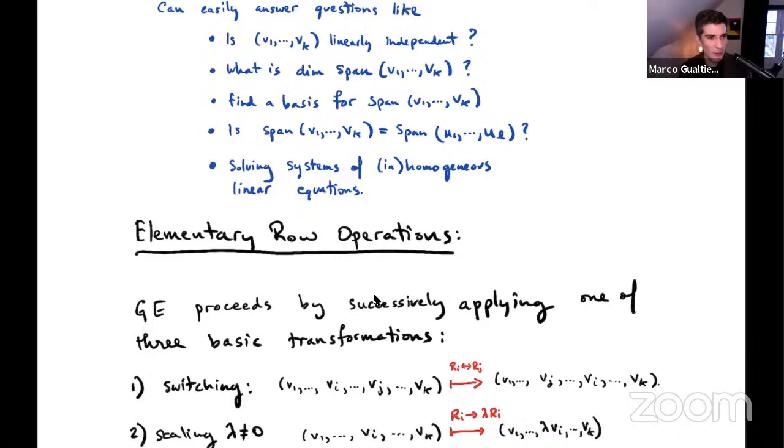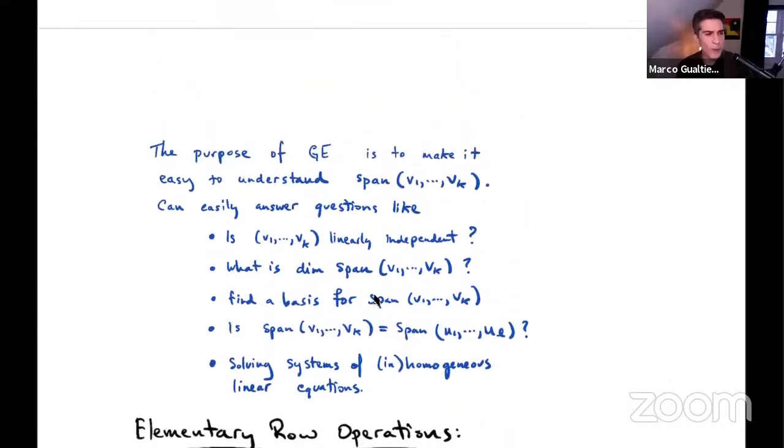So solving systems of linear equations and all of these other problems are equivalent to Gaussian elimination, or at least they're made simple when you know how to do it. So that's the purpose. It's the most important algorithm in linear algebra.